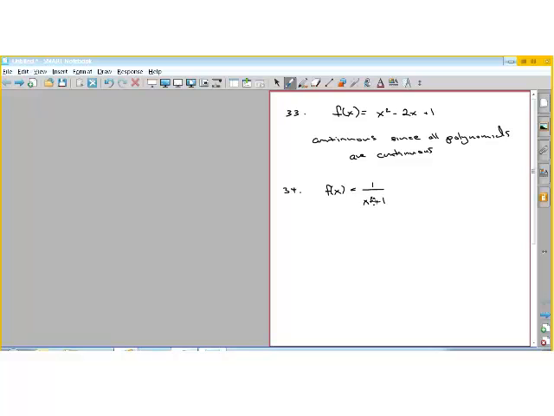And the second case is if the denominator can go to 0. Well, because x squared is always positive, the denominator is always going to be positive. It's never going to be 0. So this one is also continuous, and it's basically because the denominator is always positive.